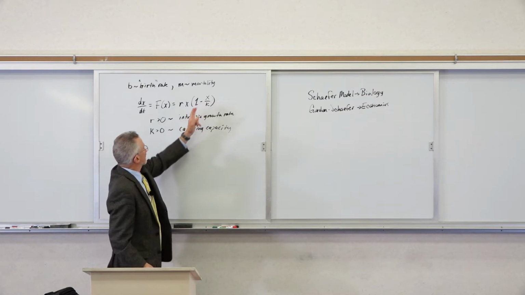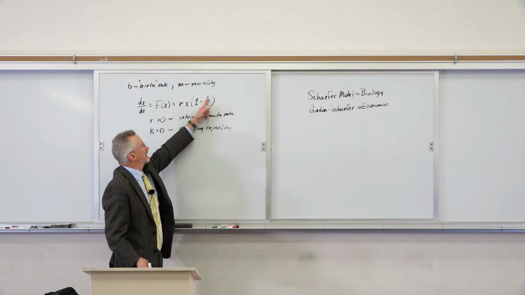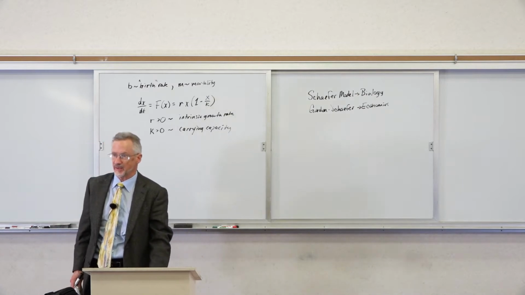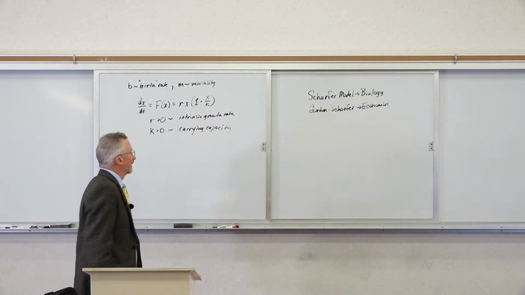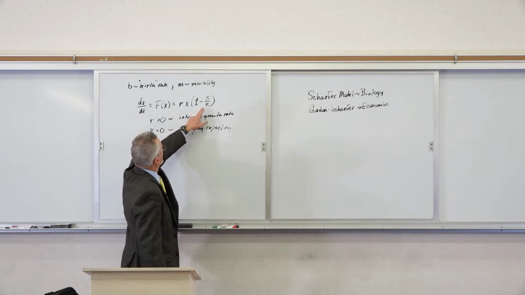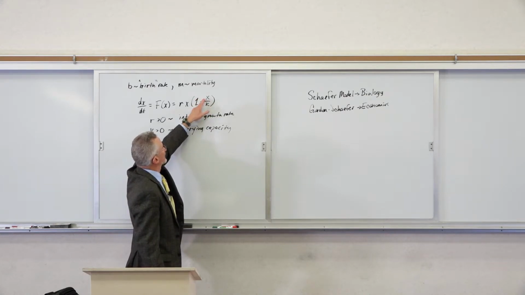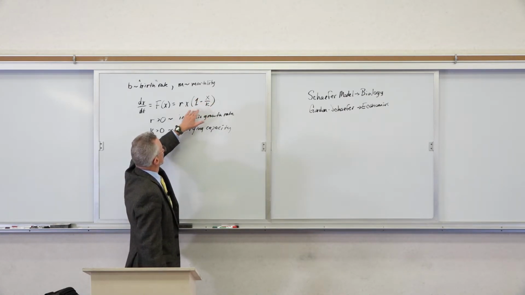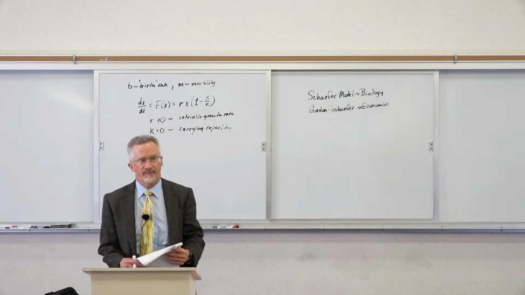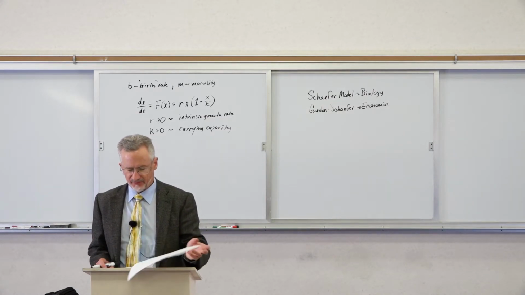But obviously, if x is equal to k, then this is 1, and the population growth rate is 0. It's not going to get any bigger, right? And if x is close to 0, then that population will grow at approximately that rate, right? That's the rate of change. Great, so that works for a growth rate.